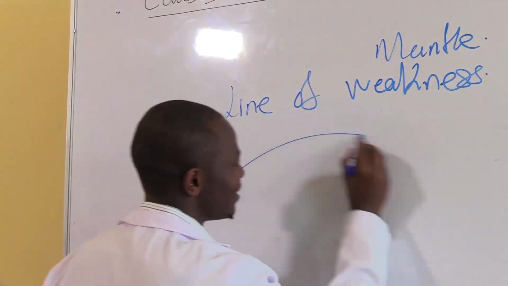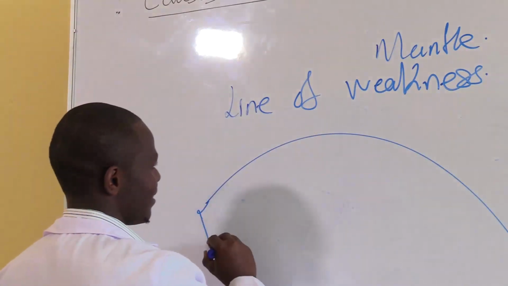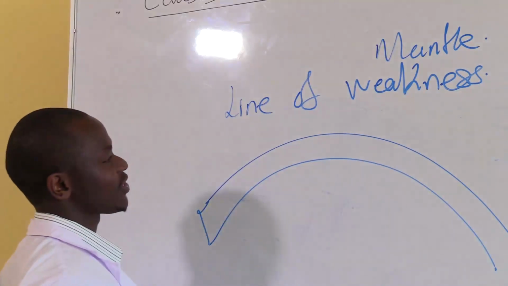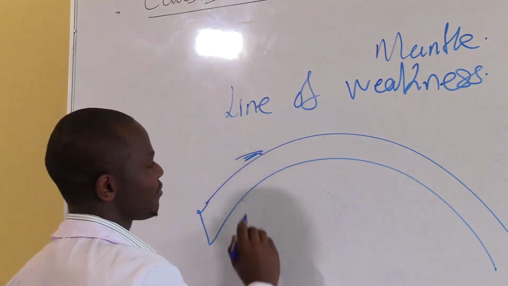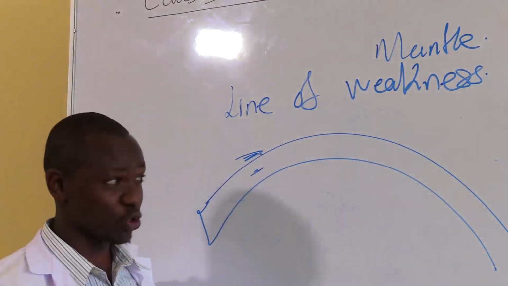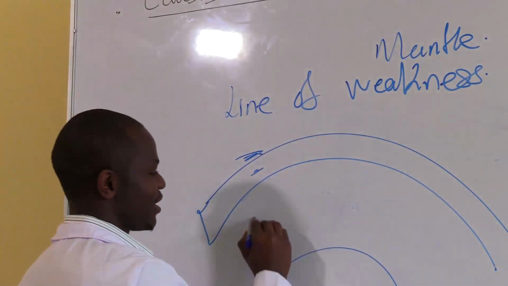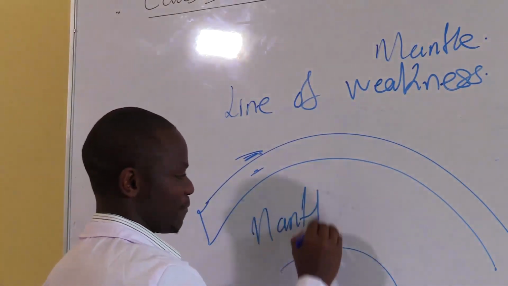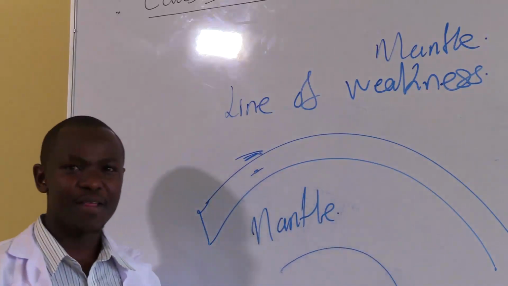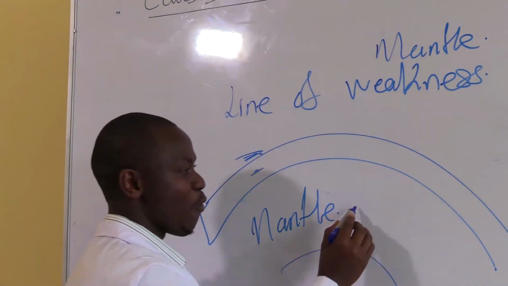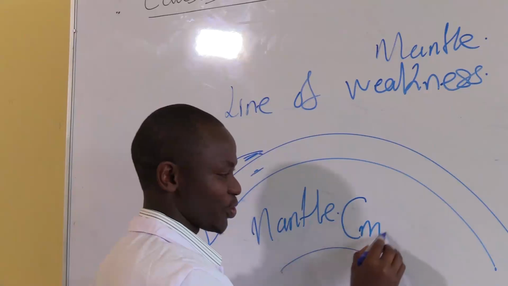If this is the Earth's crust, let me just draw a portion of it. This is the Earth's surface, this is the Earth's crust, the solid parts, and inside we have the mantle. As you remember, the mantle is made up of molten rocks.